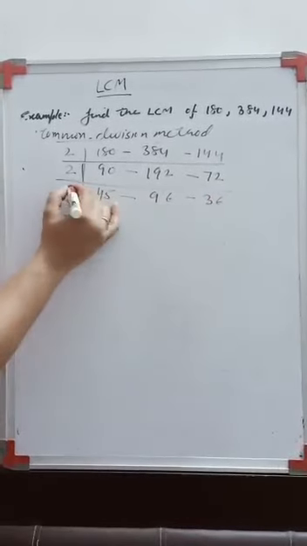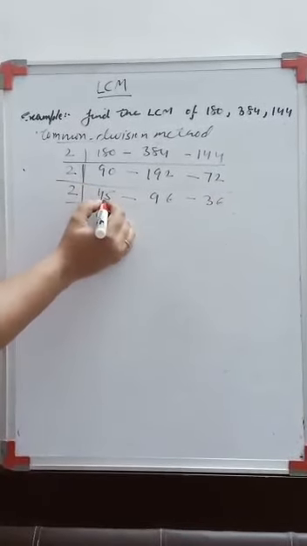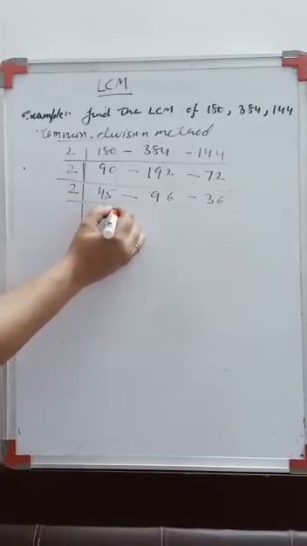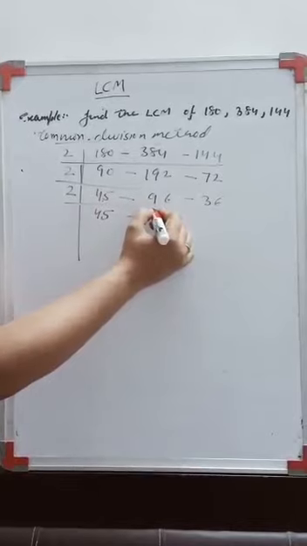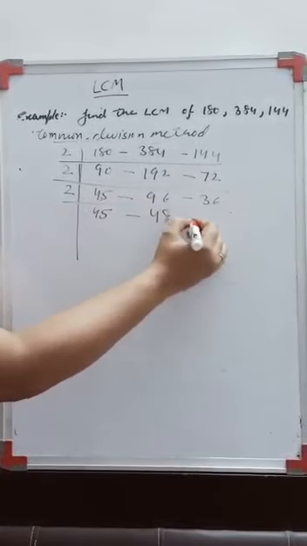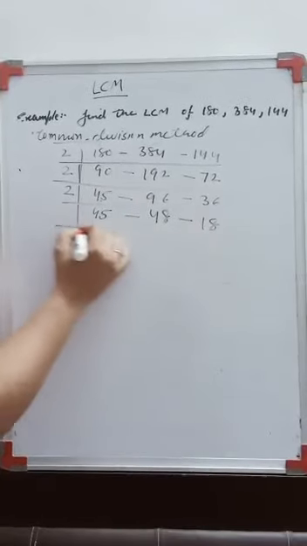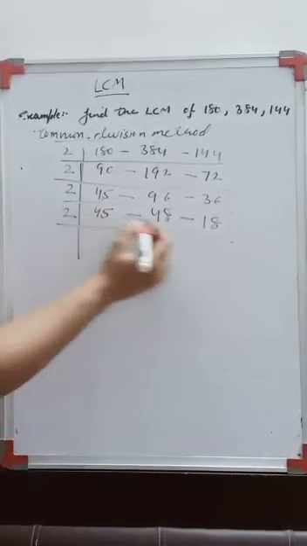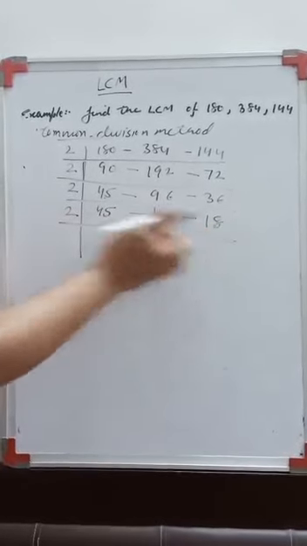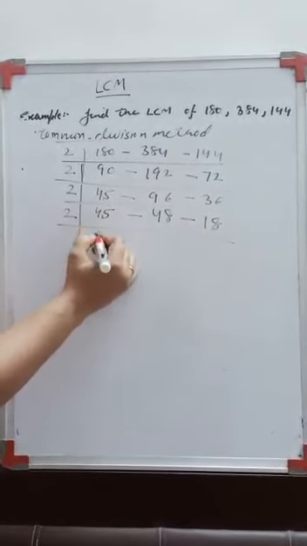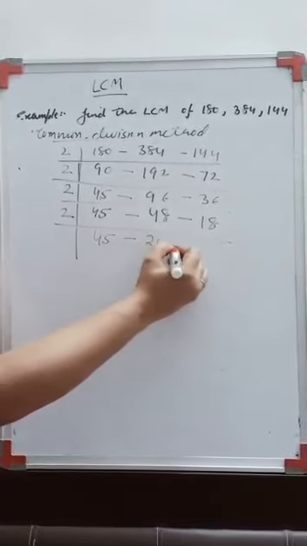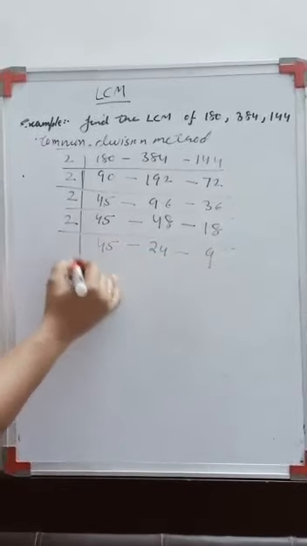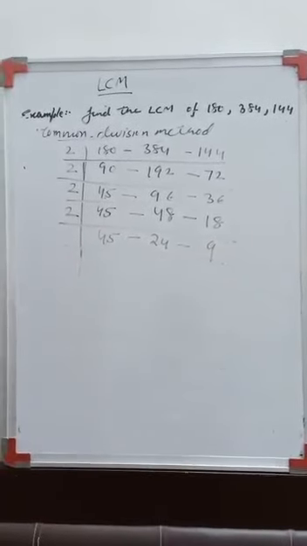Again we will start with 2. 45 is not divisible by 2, so we will write the same. But 96 is divisible, so 2 4s are 8 and 48. Similarly 18. Again we will start with 2 because 2 numbers have the common factor 2. 45 is not divisible, we will write it as 45. Then 24, 9.